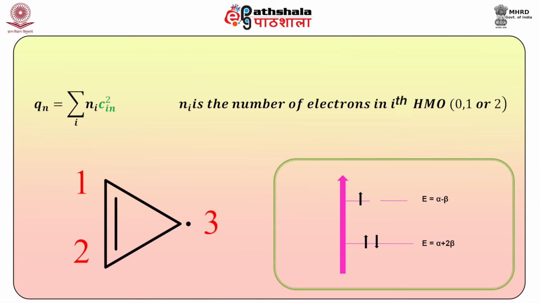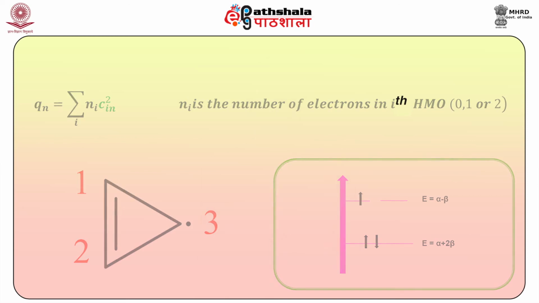So in such a case, electron density is always calculated by assuming that half of the available electron is in each of the degenerate molecular orbitals. That means Phi2 and Phi3.